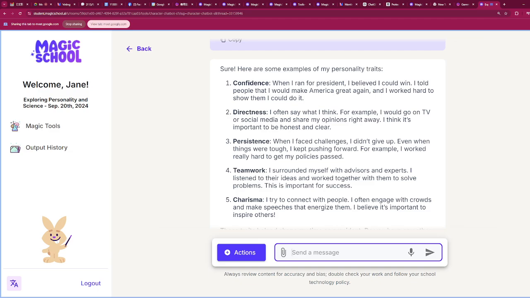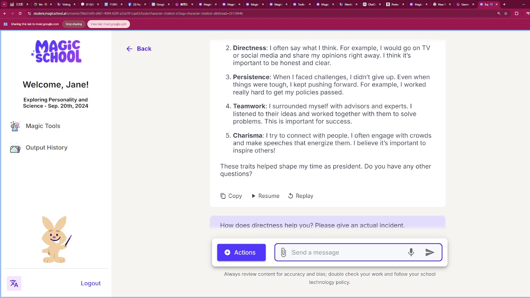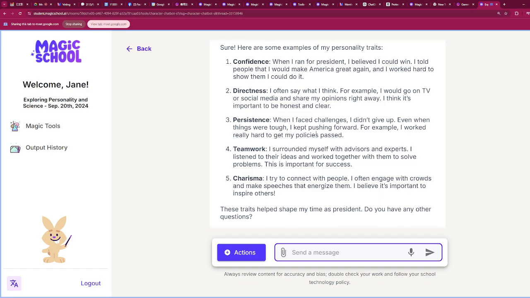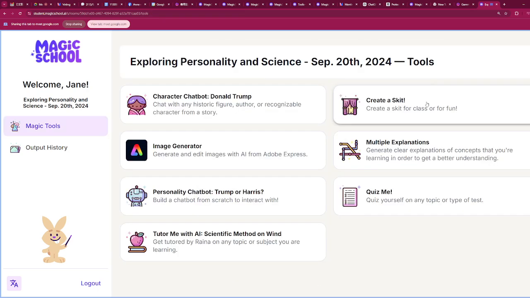You could ask them to provide examples of personality types, and also examples that support what directness means, what confidence means, what persistence means. These are great examples that you don't need to come up with, and it's based on a character that we all know, and that's what we need perhaps to get to know more about a person and personality types.